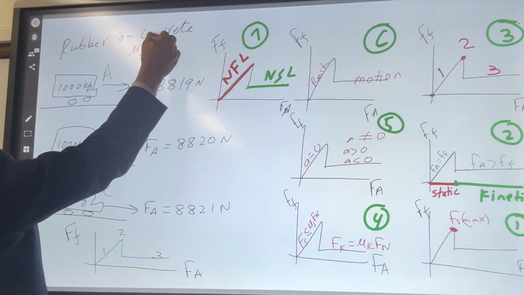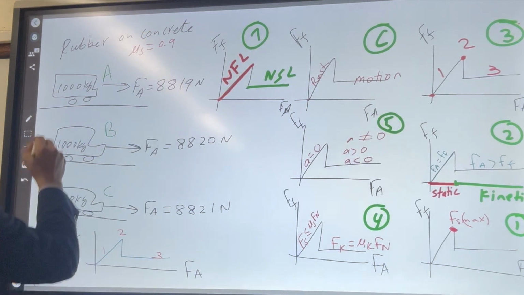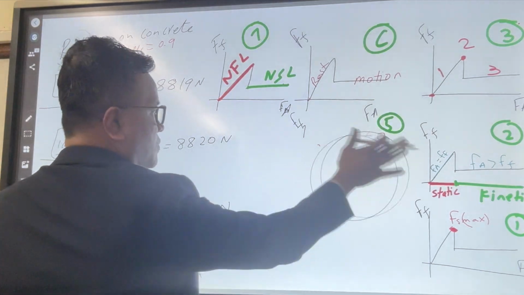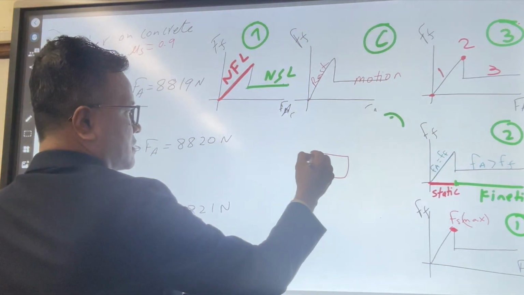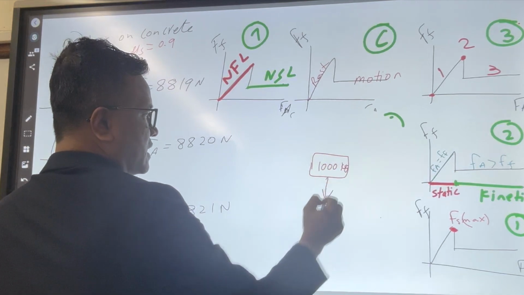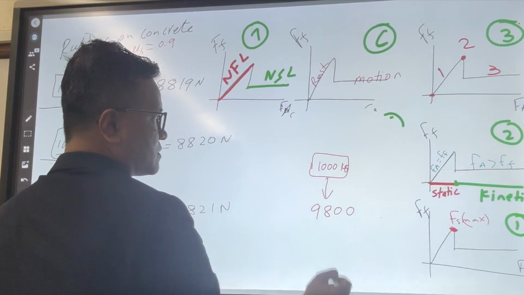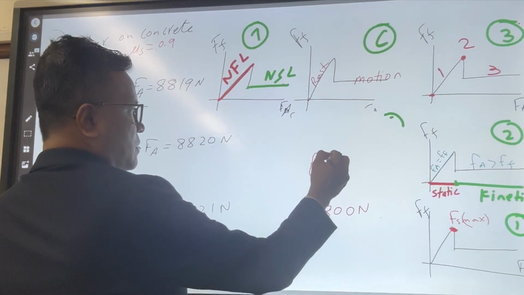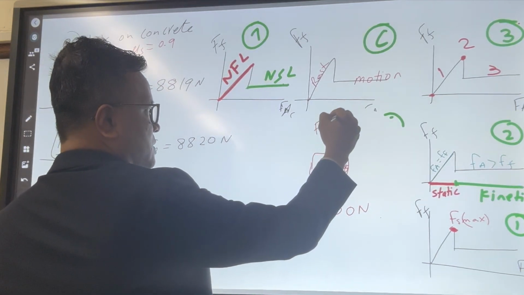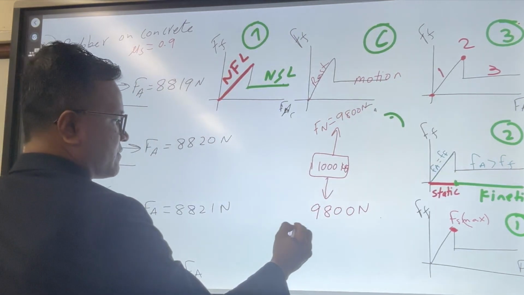Mu s is 0.9, and let's find the weight of the car. The car is 1000 kilogram. Let's use acceleration due to gravity negative 9.8, so 9800 Newton, which is the weight of the car. Normal force is equal in magnitude, opposite in direction, 9800 Newton.